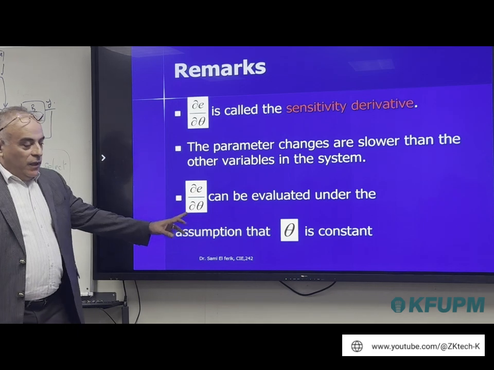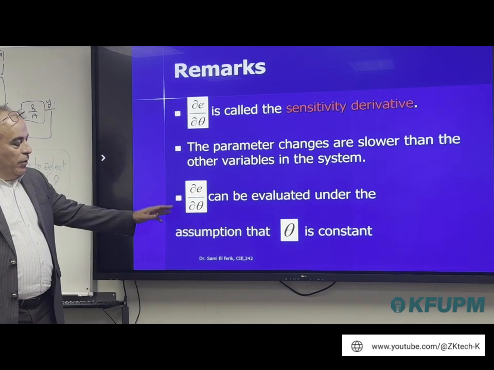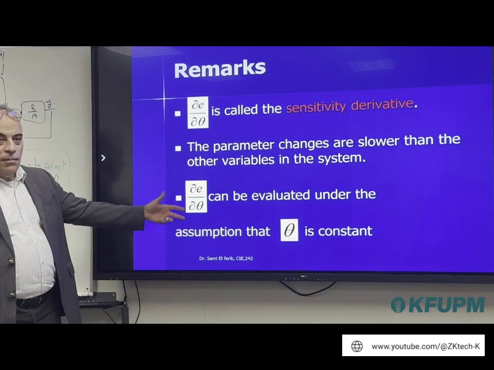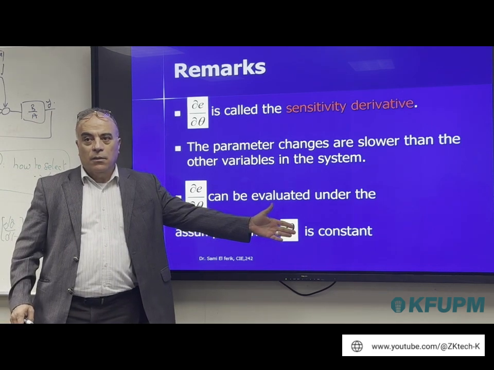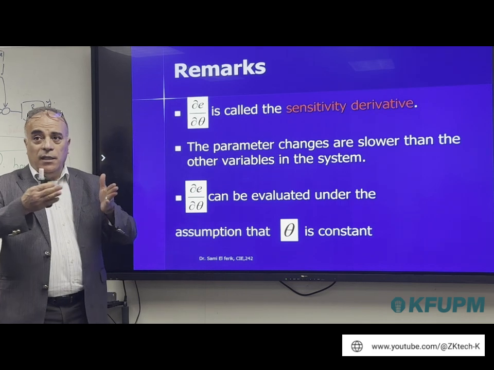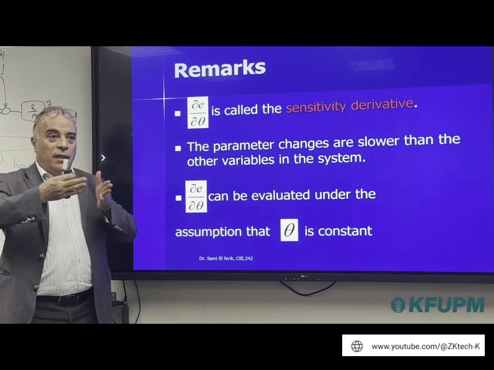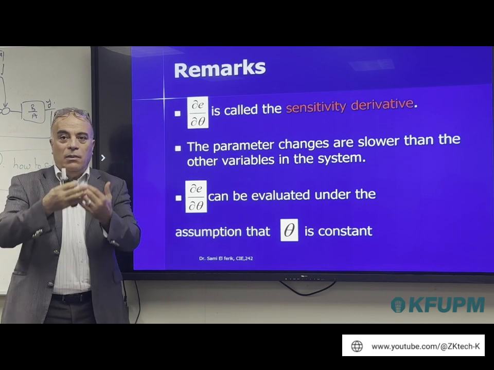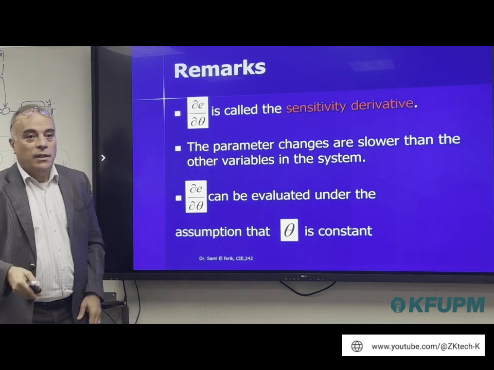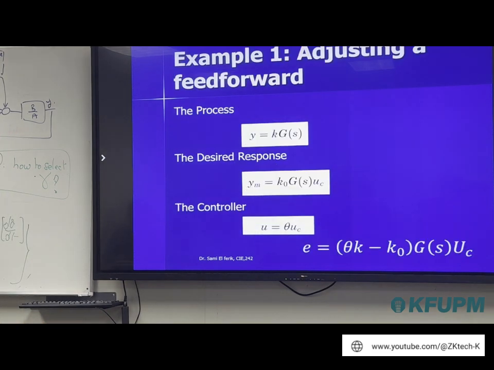And the derivative of E with respect to theta, since it's a partial derivative, we take as if theta is constant. Why? In terms of time scale, theta changes, but theta is slower than the system. So if I am in the system, I will say theta is constant when I move. So this is the first example, and I think the best way is to go through examples.